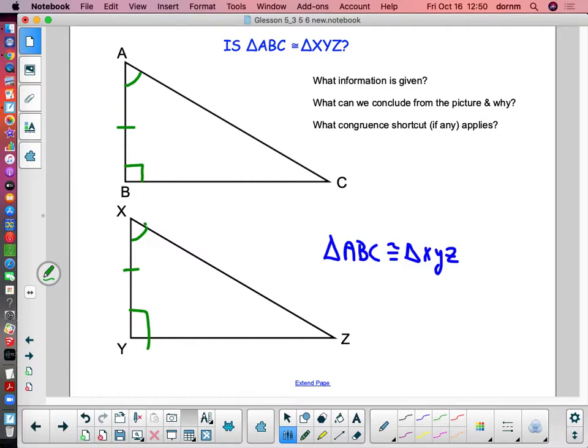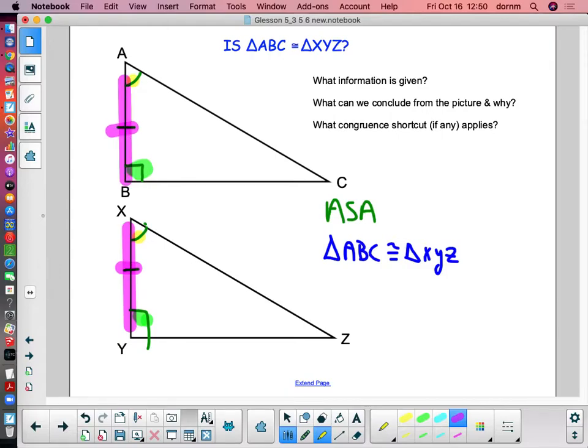And if you said angle side angle, you're correct. Why? Because we have two angles again. This angle with this angle down here with this angle right here. And the side is the side between the two angles. So that's angle side angle.